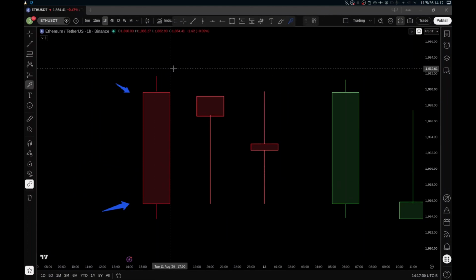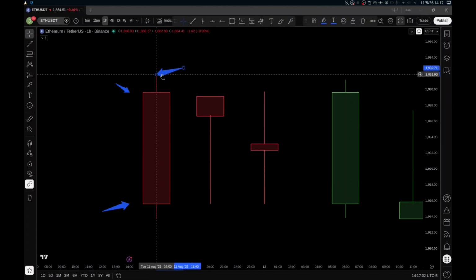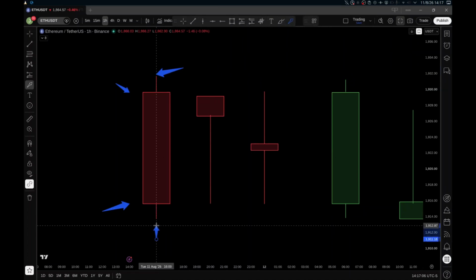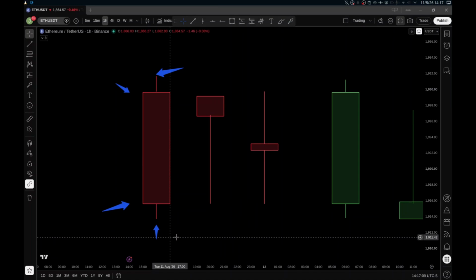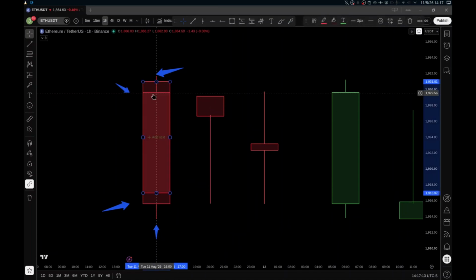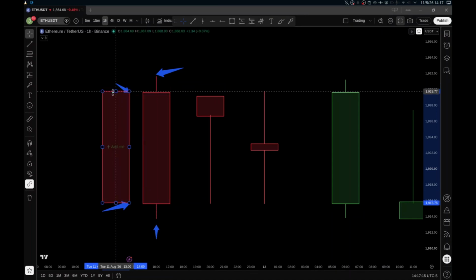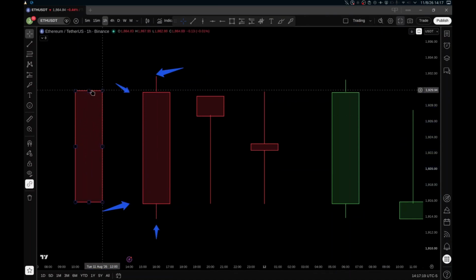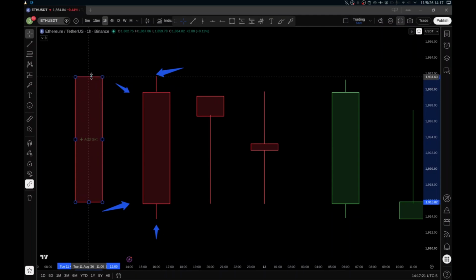This is the highest price that the candlestick achieved at some point, and this is the lowest price that the candlestick achieved at some point. Because at some point, this candlestick may have looked like this, right? Just red without wicks. But maybe at some point it was like this, but then it was rejected.